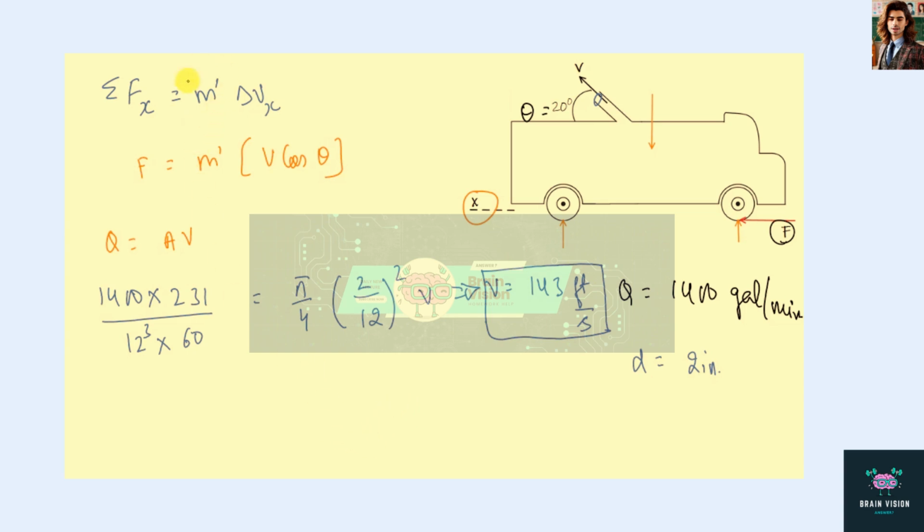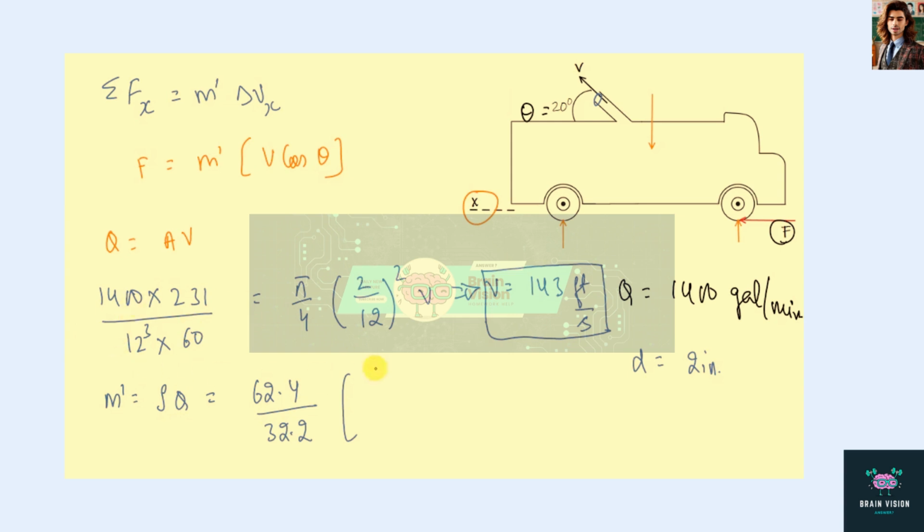Now next we can calculate this m dash, that is mass flow rate. So m dash would be equal to density times the discharge. Density for water is 62.4 pound per feet cube, but we'll be converting the units, so we'll divide with 32.2, so that we get the mass density, times Q, which is this much as it is.